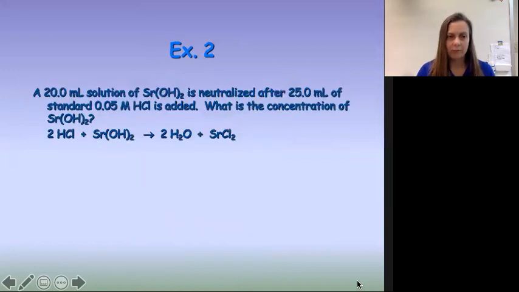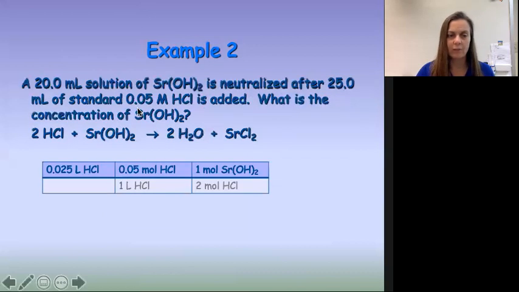Let's do one more. So here we have a 20 milliliter solution of strontium hydroxide. It's neutralized after 25 milliliters of standardized 0.05 molar hydrochloric acid. And it asks us, what is the concentration of strontium hydroxide? So our given is 25 milliliters. We're going to use molarity as a conversion factor and then a mole ratio.